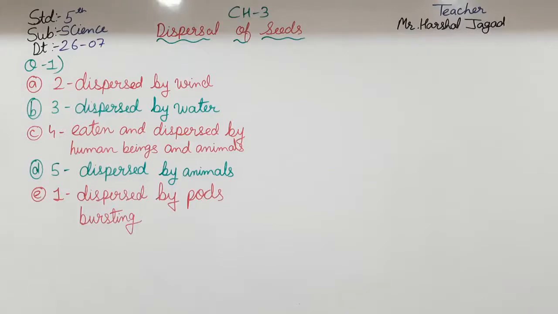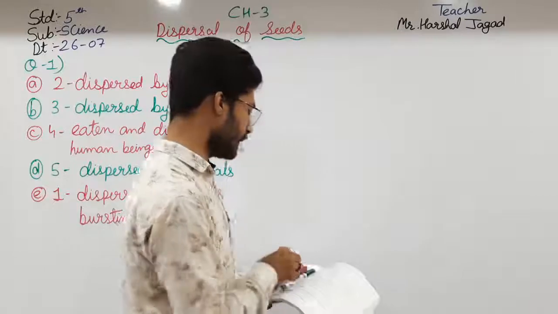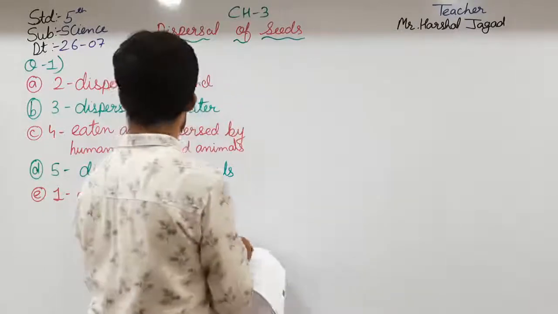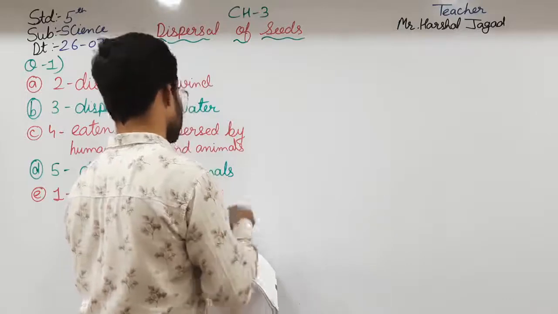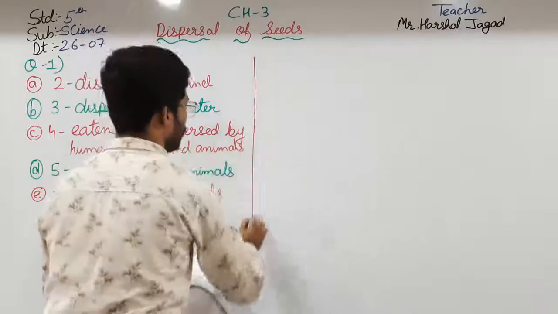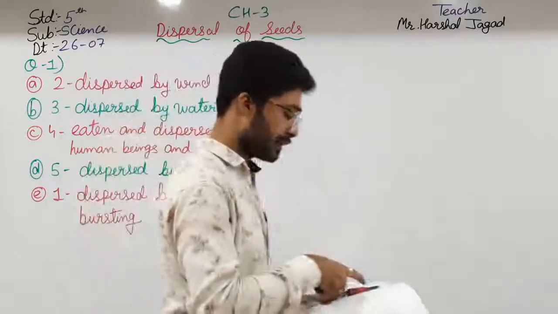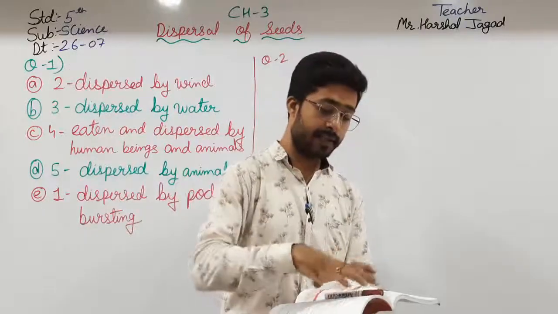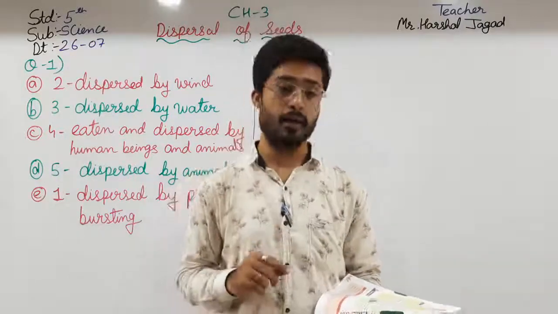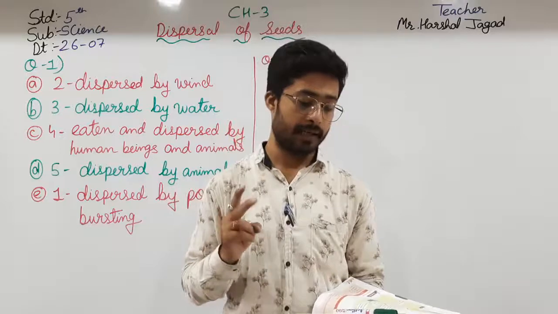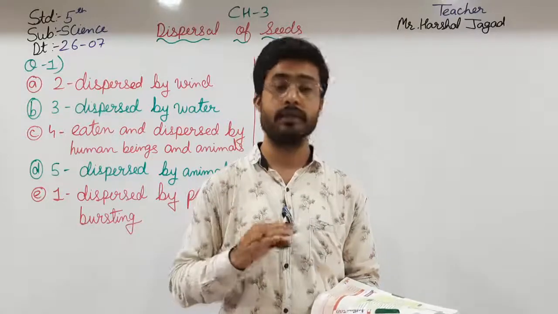Moving towards question number 2, which is choose the correct answers. In that, A, seed needs to be scattered for what? First, to avoid overcrowding of the plants. Second, to spread the seed far and near. Fourth, for the people to enjoy the plant.